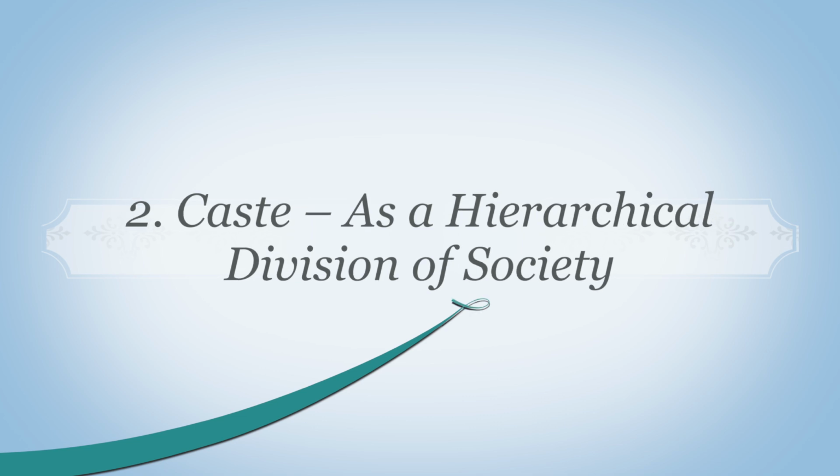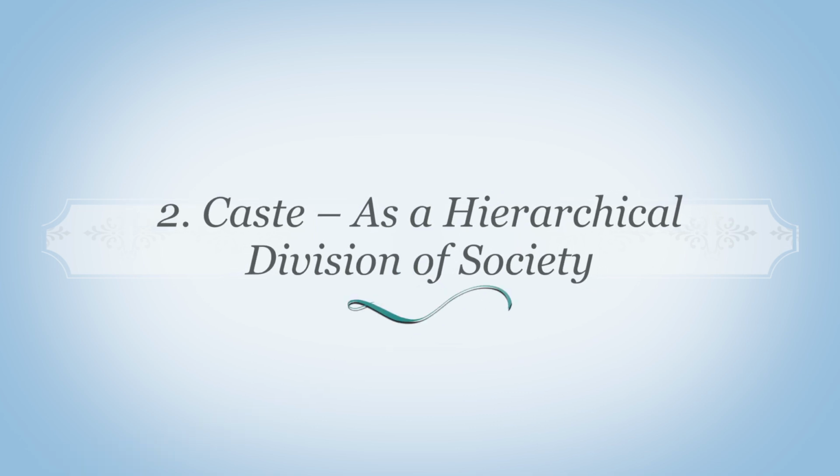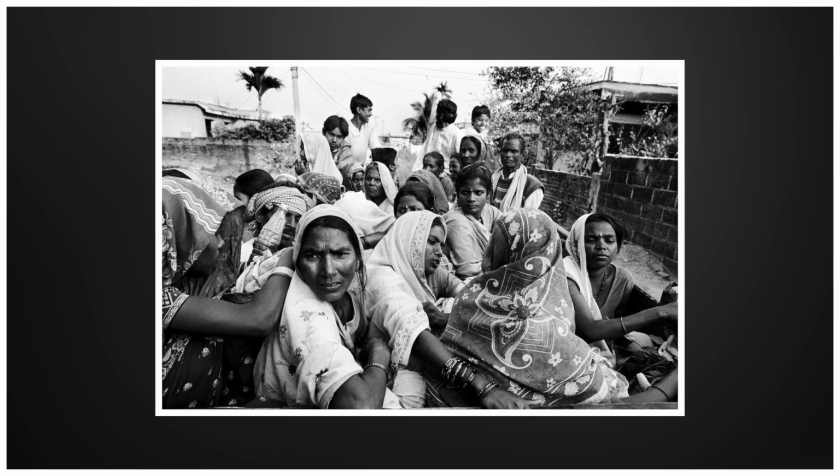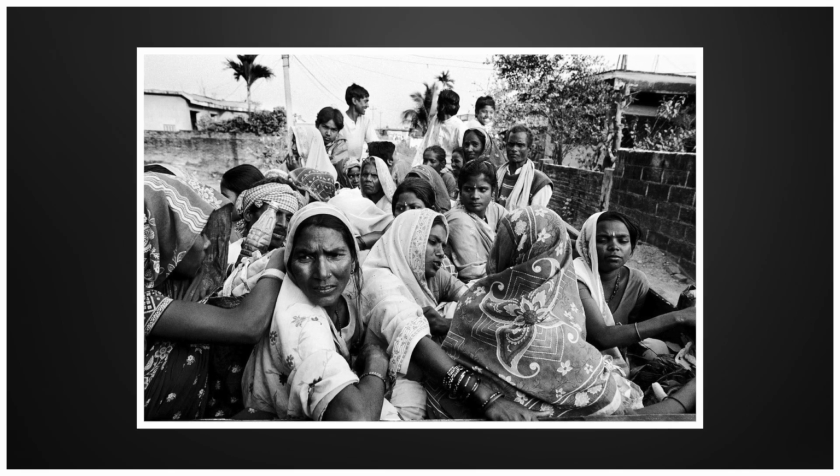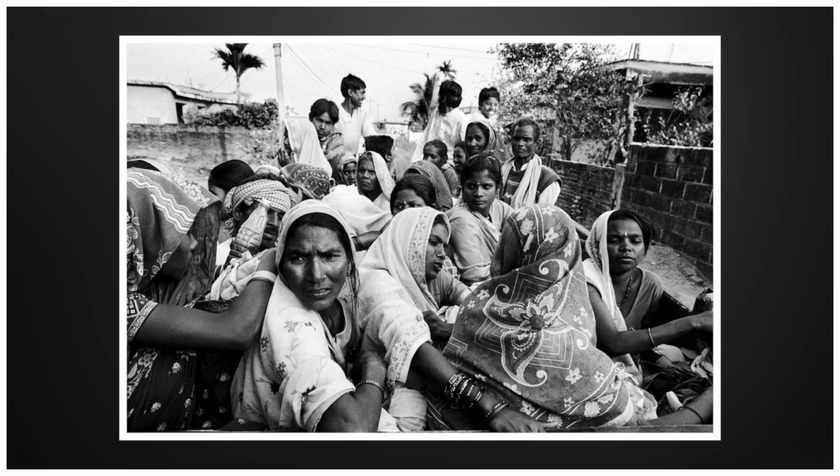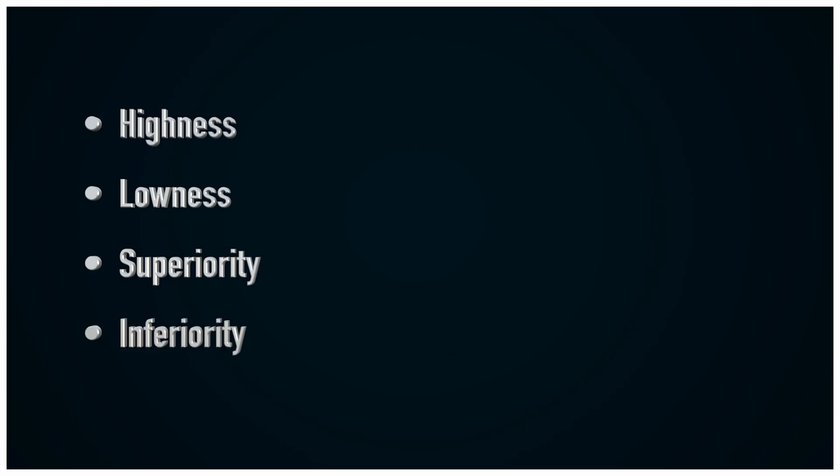Then second, caste as a hierarchical division of society. The Hindu society is a gradational one. It is divided into several small groups called castes and subcastes. A sense of highness and lowness or superiority and inferiority is associated with this gradation or ranking.